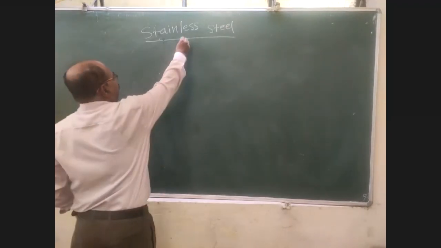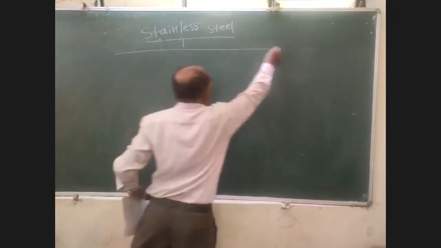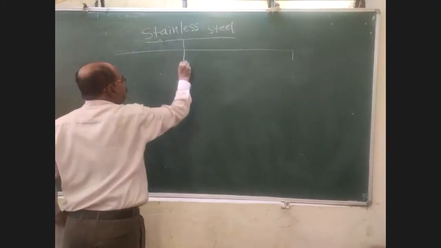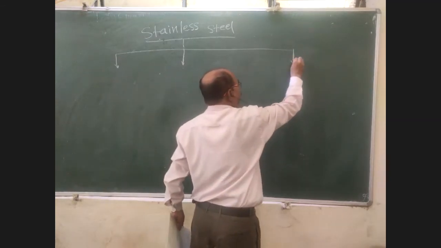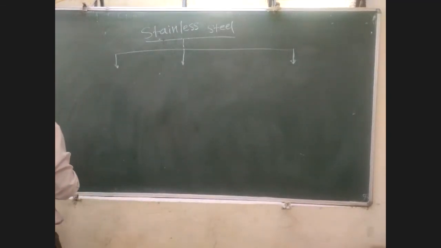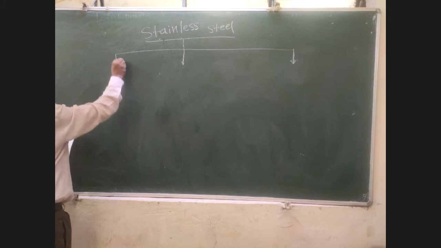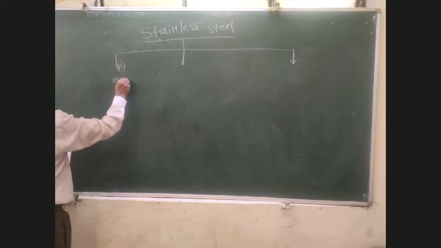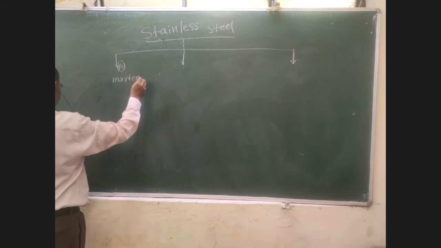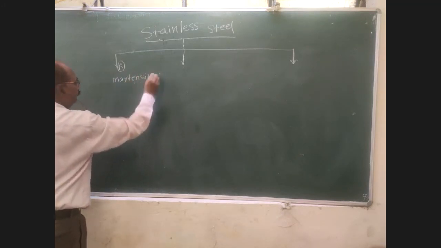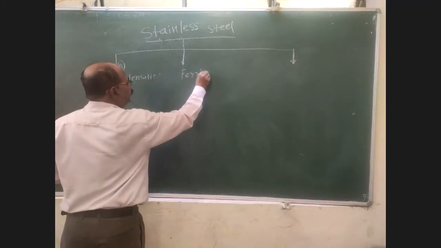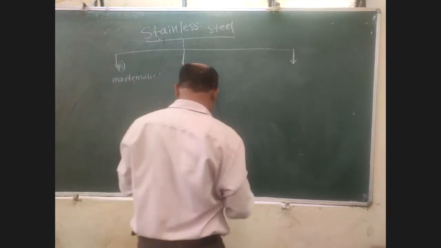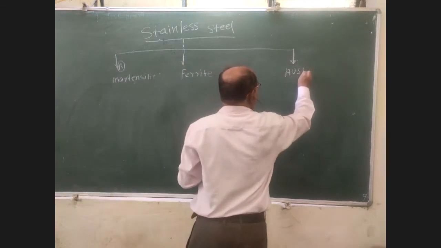Now this stainless steel is classified into three types. First type, let us say group A, martensitic stainless steel, then ferritic stainless steel, and third is austenitic stainless steel.